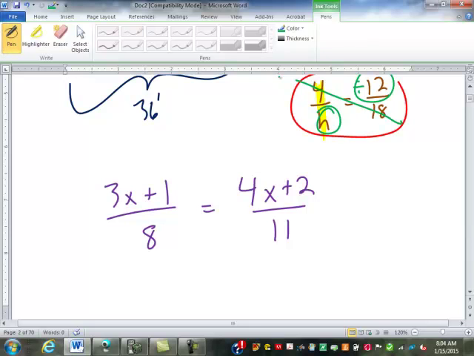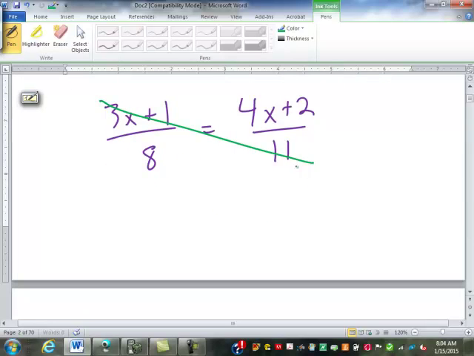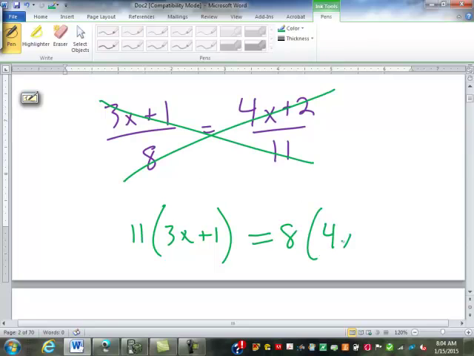Well, remember, the diagonal products have to be equal. So if we multiply in this direction, that is 11 times 3x plus 1. That has to equal, if we multiply in this direction, 8 times 4x plus 2. Now we just solve the equation for x.